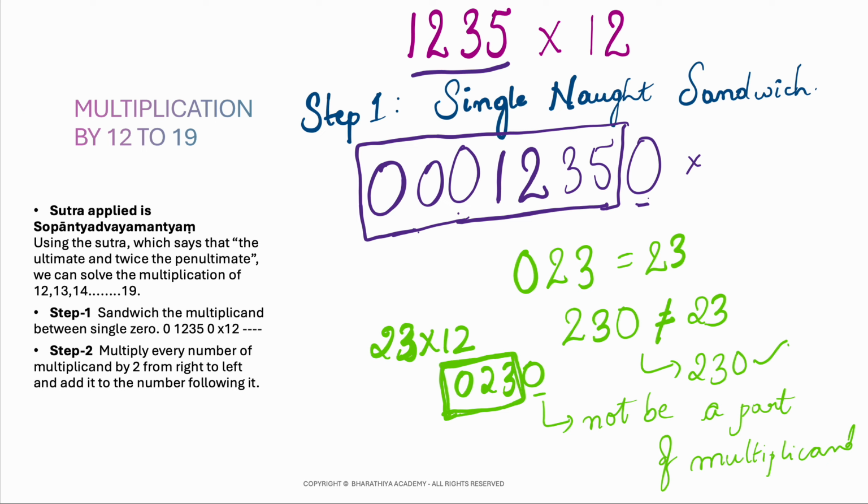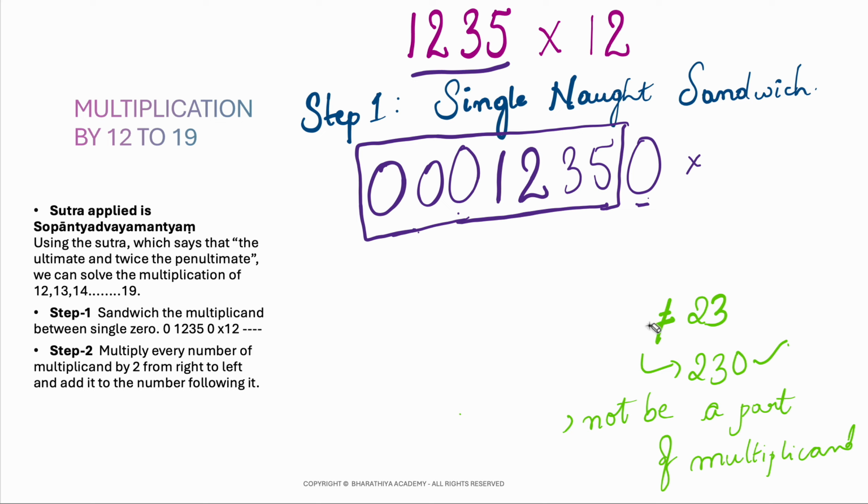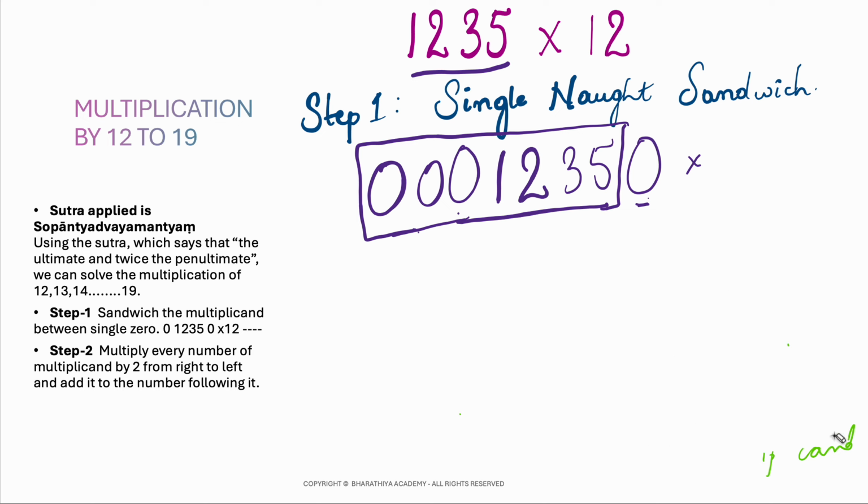Okay. So if it's clear, please type clear in the chat box, and then we will proceed to the further steps. Now we have applied the single knot sandwich method to the multiplicand.